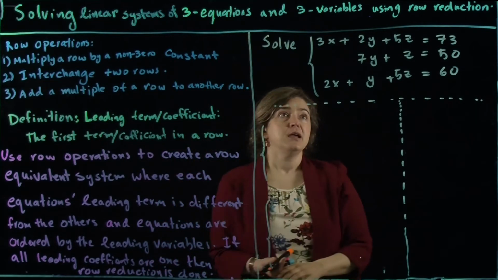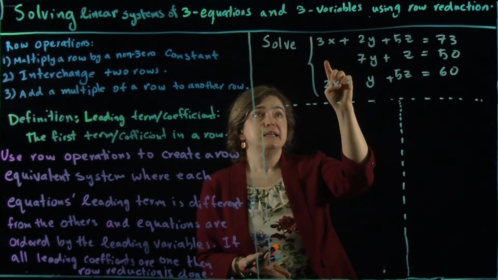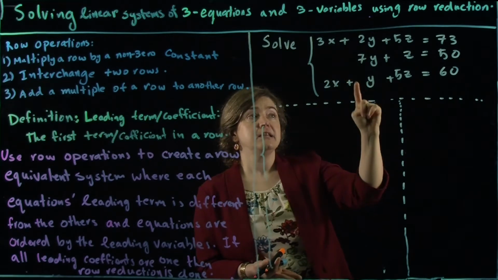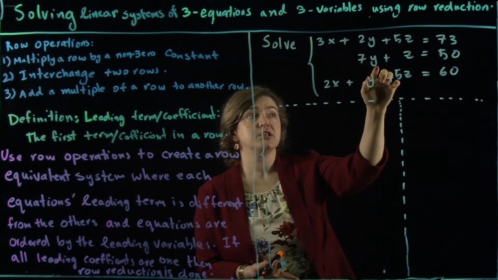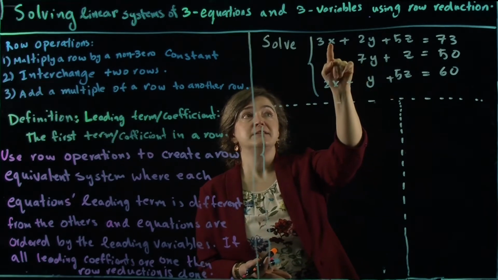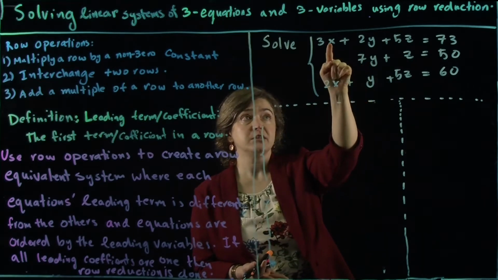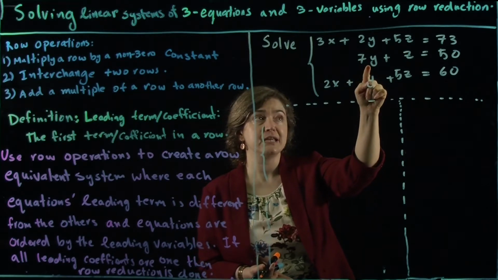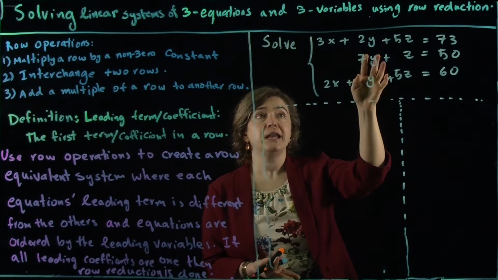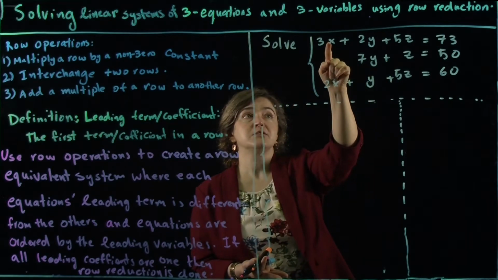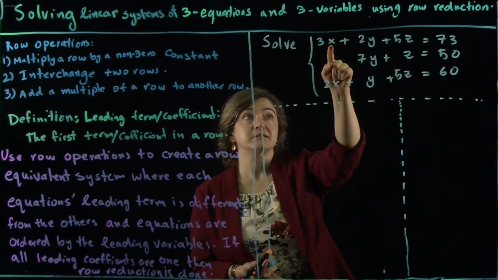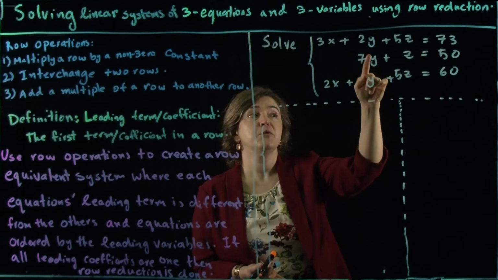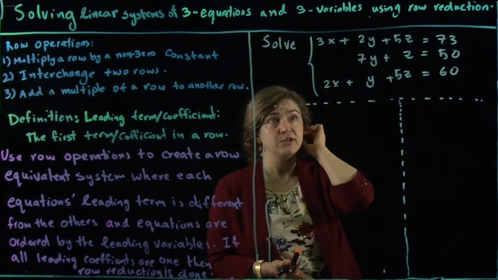What does this mean? For example, the leading term for the first equation is 3x. The leading term for the second equation is 7y. The variable in the first leading term is different from the variable in the second leading term. And also, the order is correct: X for the first equation, Y for the second equation.